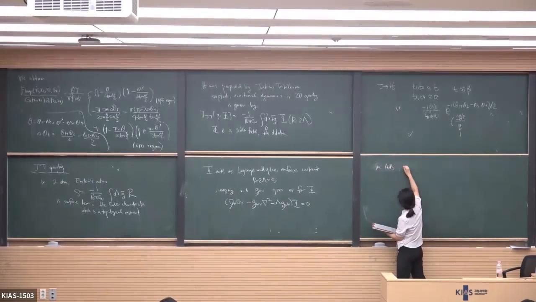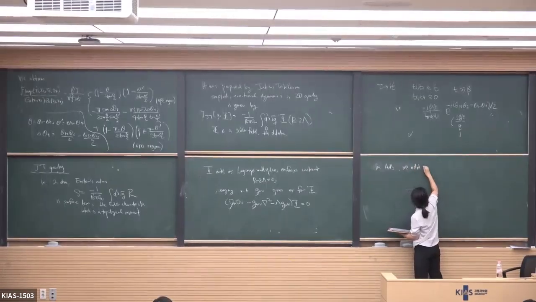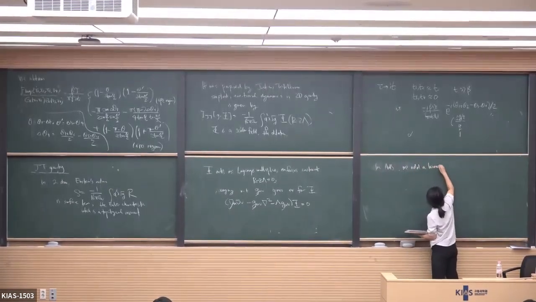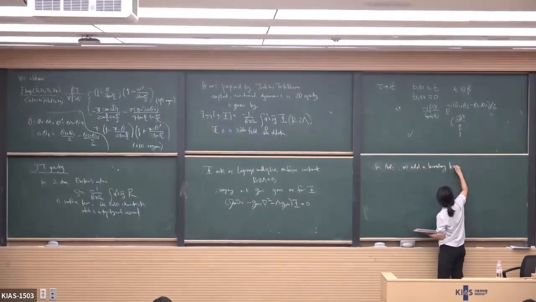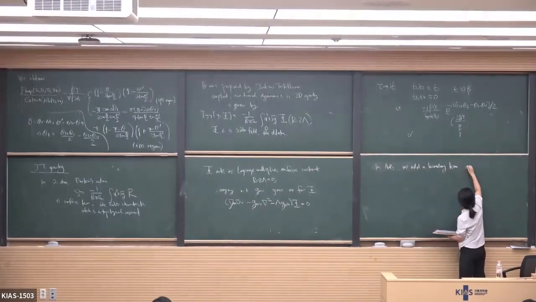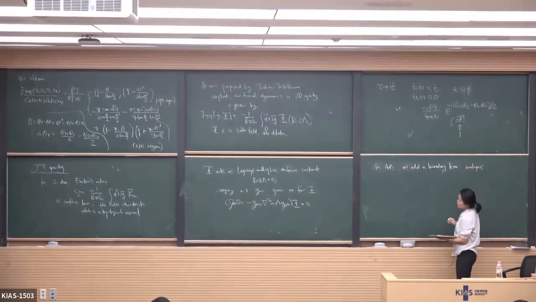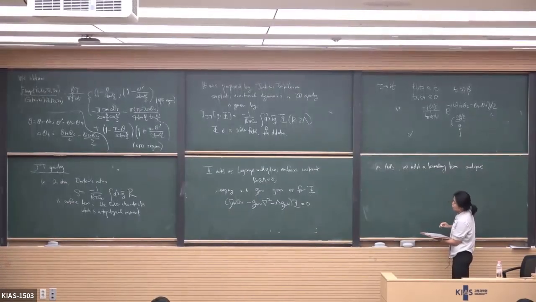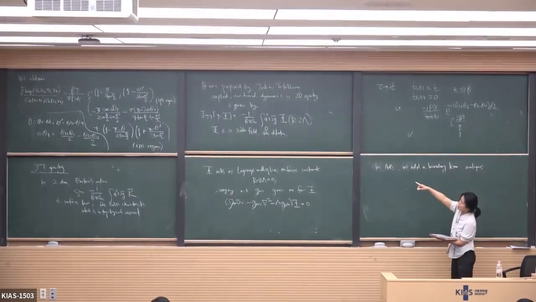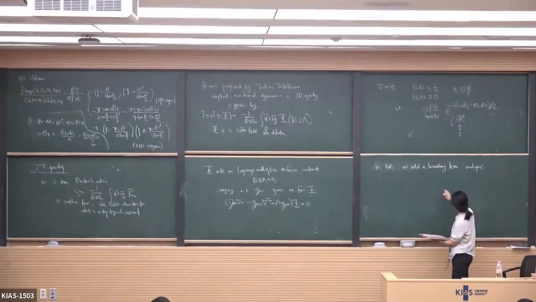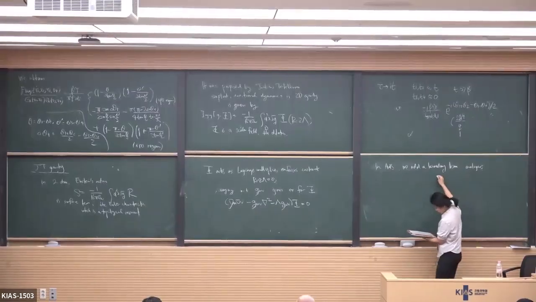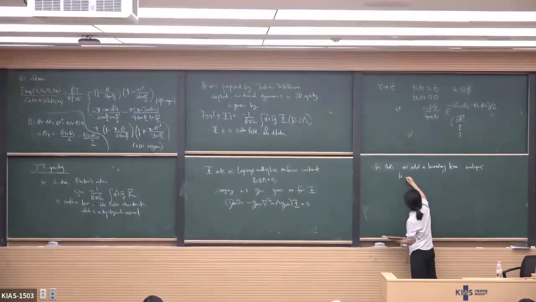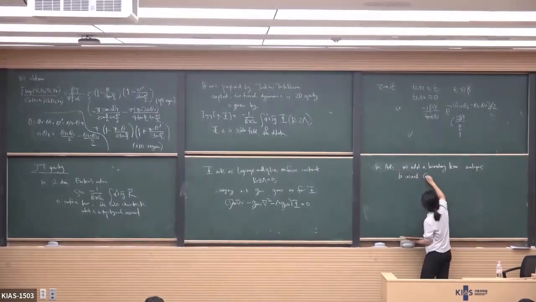In AdS, we add a boundary term analogous to the usual Gibbons-Hawking term. The Gibbons-Hawking term is given by the integral over the boundary of the extrinsic curvature, and in JT gravity, we are going to add a boundary term with density dilaton multiplying the extrinsic curvature.